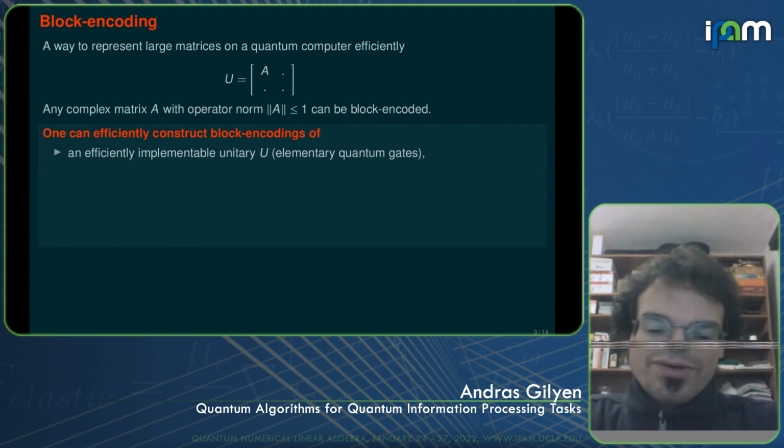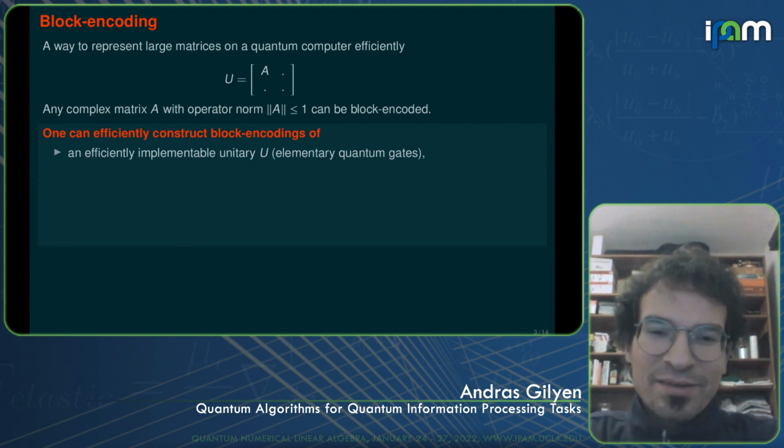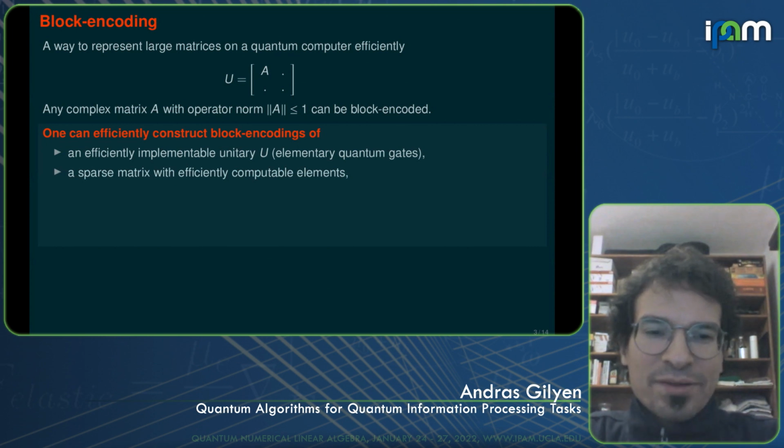For example, a trivial condition is if the matrix A itself is an efficiently implementable unitary, then of course we can represent it in a quantum computer very easily. This is a trivial example, but later we can do modifications of these matrices, linear algebra. So actually, this is a useful building block, although it's very trivial.